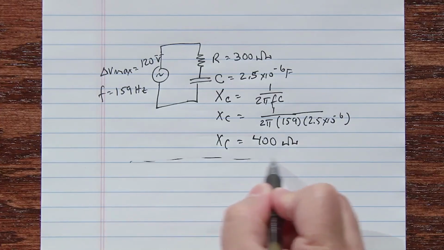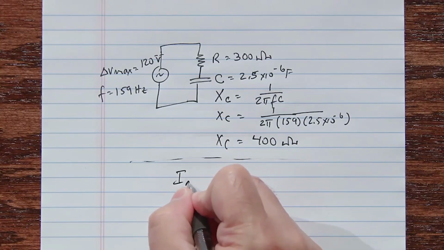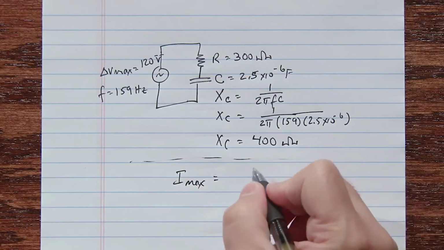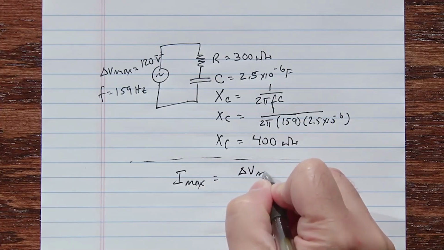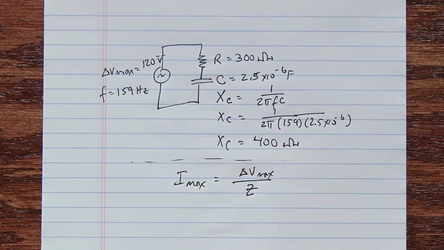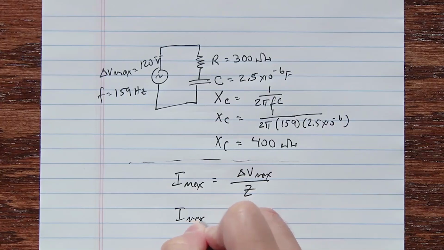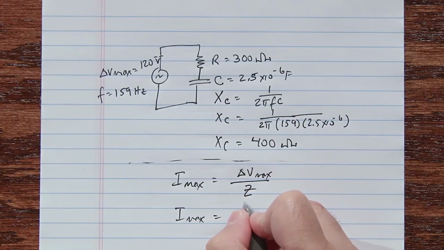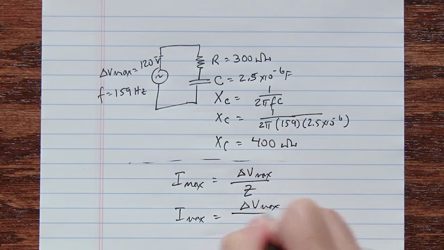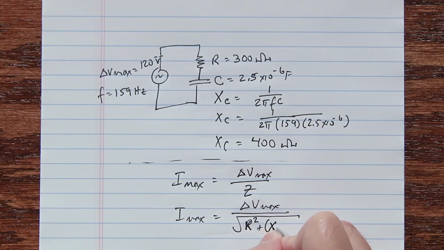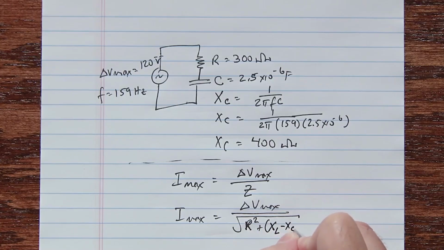Okay, now we proceed as we always have, with the maximum current in the circuit equal to delta V max over the impedance, where the impedance is the square root of the resistance R squared plus (X sub L minus X sub C) squared, and X sub L is 0.